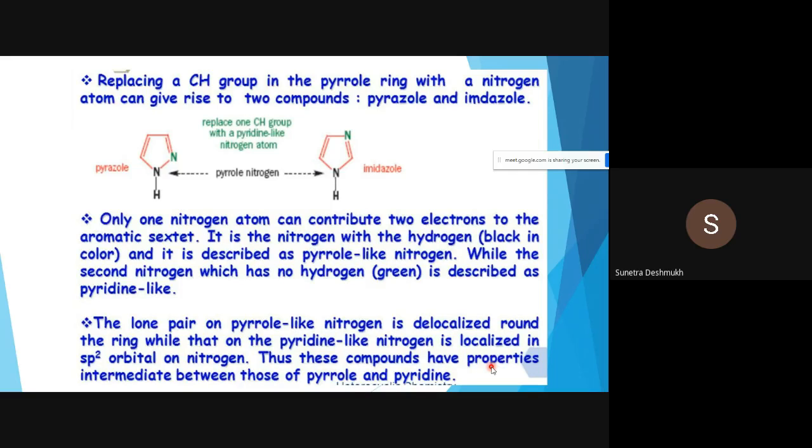So we have to compare the properties of pyrazole and imidazole with pyrrole and pyridine, looking at the electron configuration, aromaticity, which lone pair is involved where, which is localized, and which is delocalized. All these things define that the properties of these two heterocycles are in between pyrrole and pyridine. So we'll see the physical properties now.